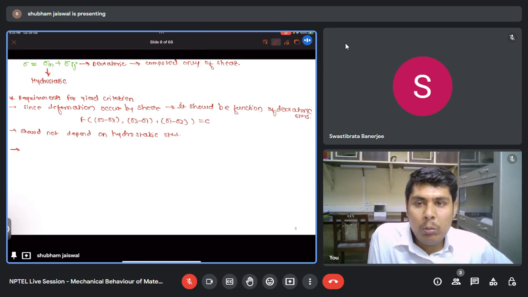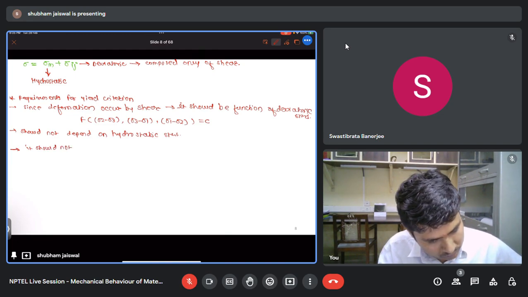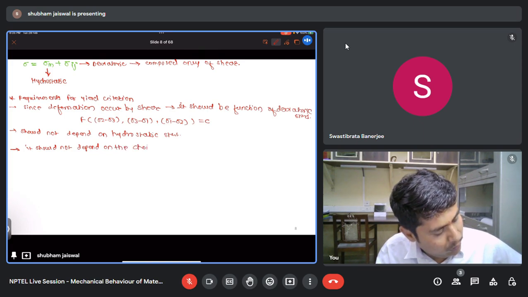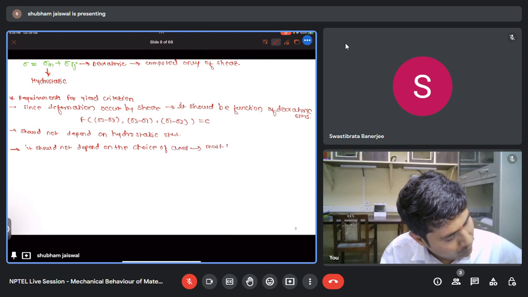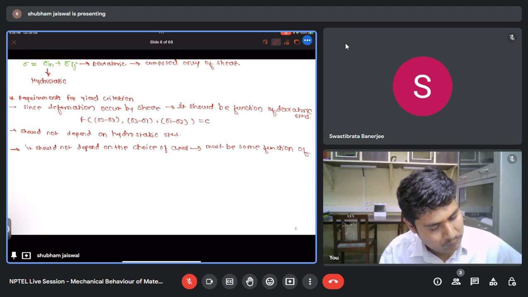That is, if we change the axis, the yield criterion should not change. It must be some function of invariants.